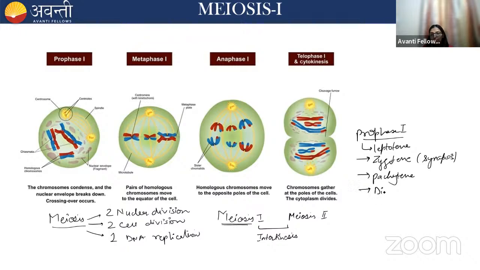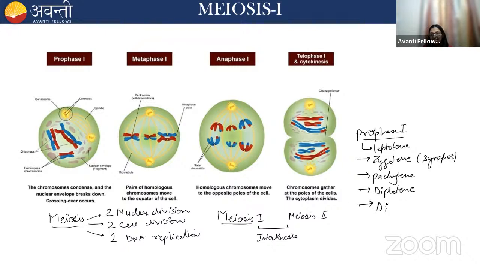Fourth one is diplotene. During the diplotene stage, the dissolution of the synaptonemal complex takes place, but the chromosomes remain attached at the recombination nodules, and they form an X-shaped structure, which is known as chiasmata.